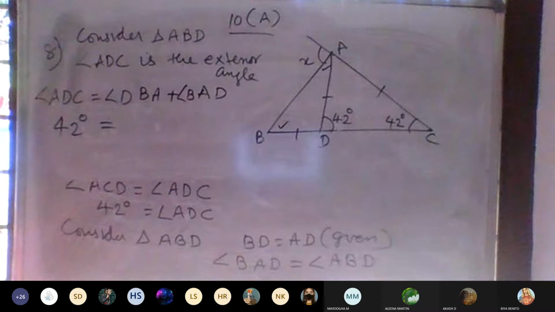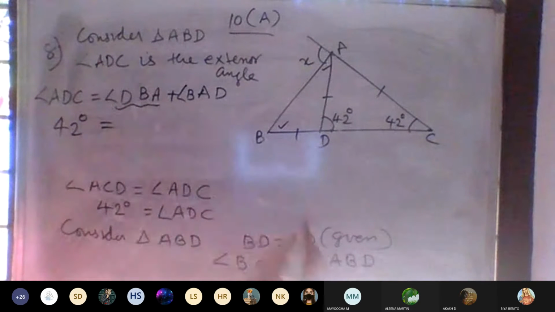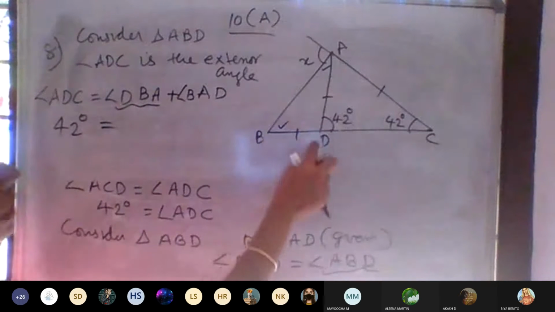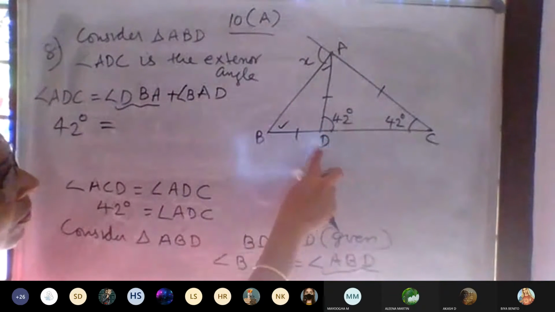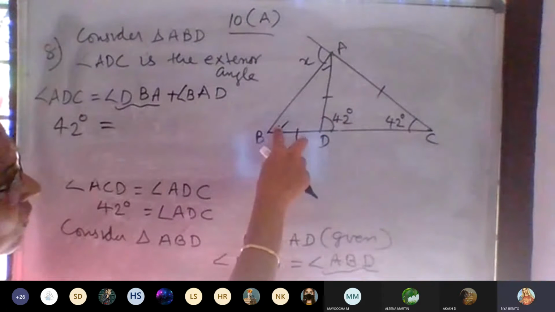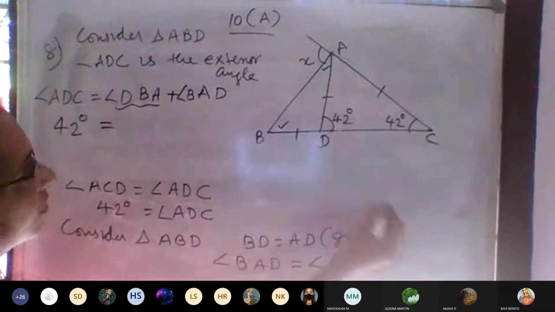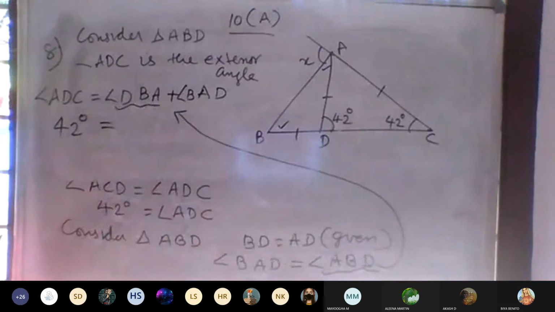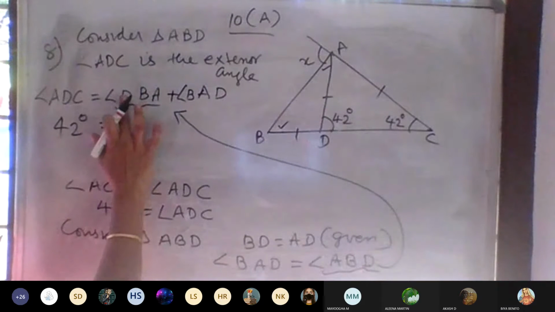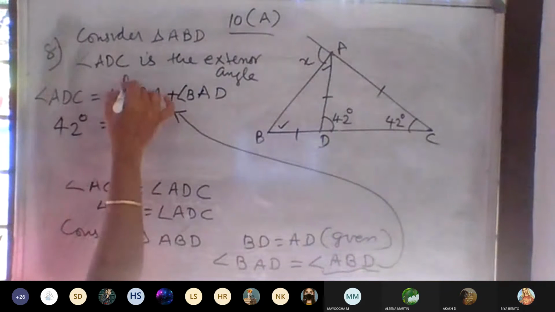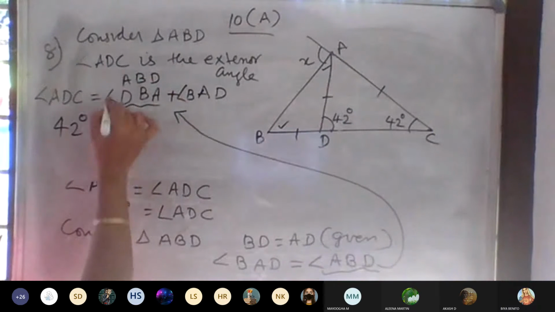DBA is the same as ABD, only the vertex order changes.